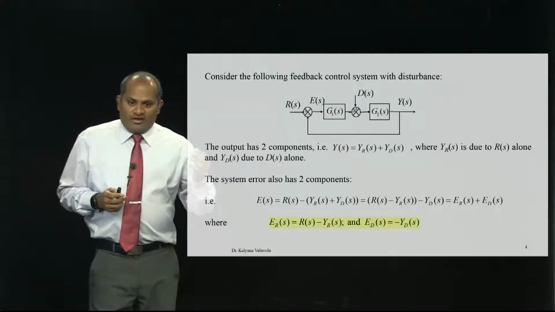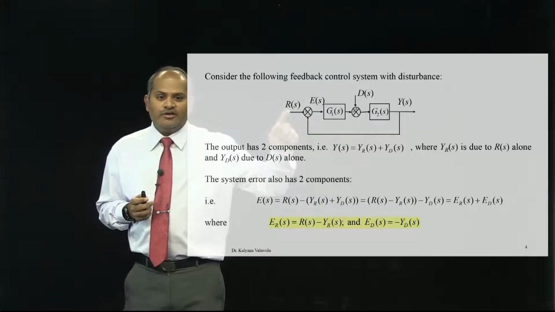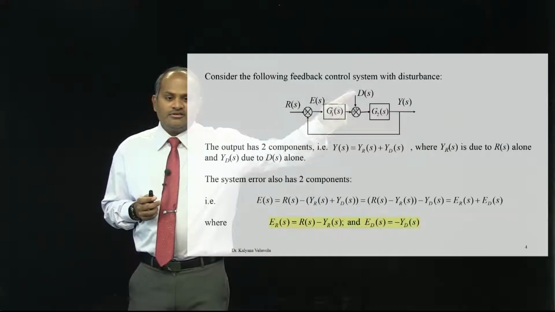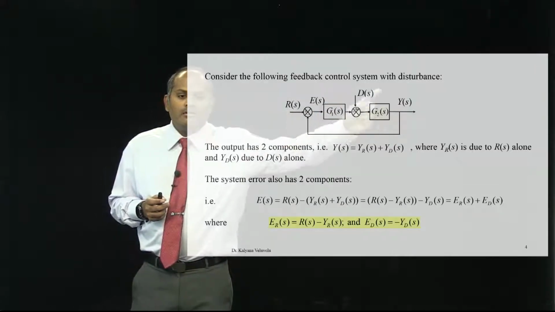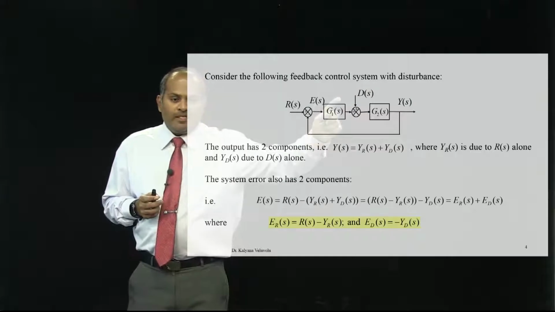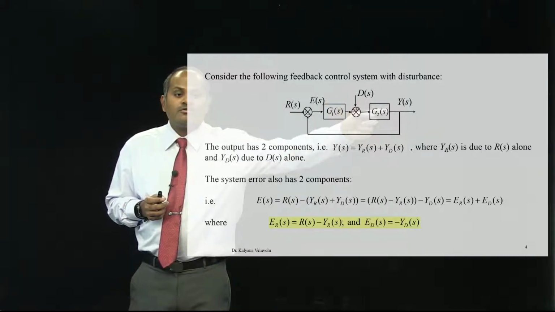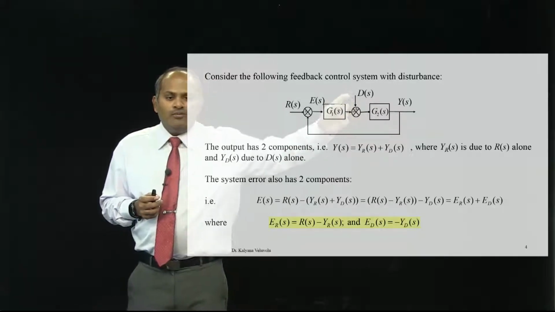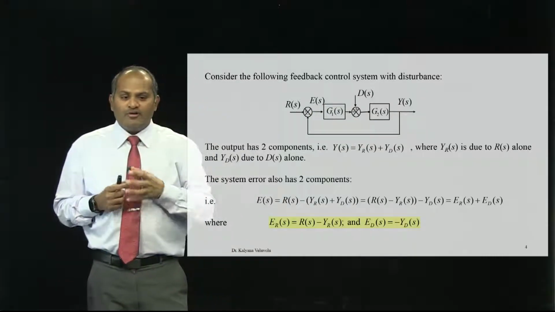So, this is from our last class. What we analyzed in the last class is when you have an input and a disturbance, the system performance depends on both the input and the disturbance. The input provides a component to the output and the disturbance also provides a component. The output due to the disturbance is completely the component we do not want.